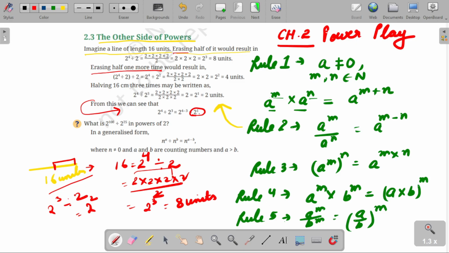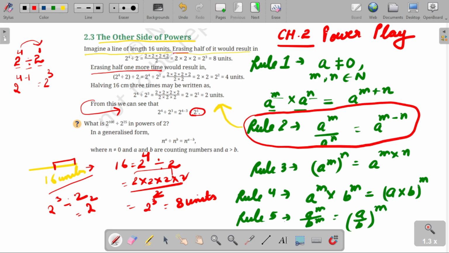This is just giving you another pattern. When you are dividing 2 raised to a power by 2, meaning 2 raised to 1, if the base is the same and they are in divide, the powers will be subtracted. So 2 raised to 4 minus 1 is 2 cubed, which this rule already does.